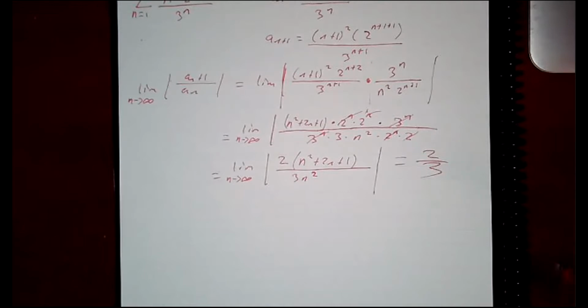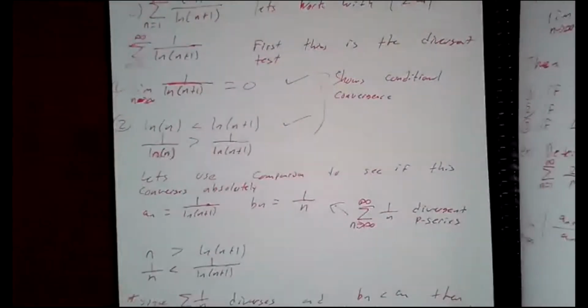So what does rule number 2 say? For the ratio, if it's less than 1, it converges.